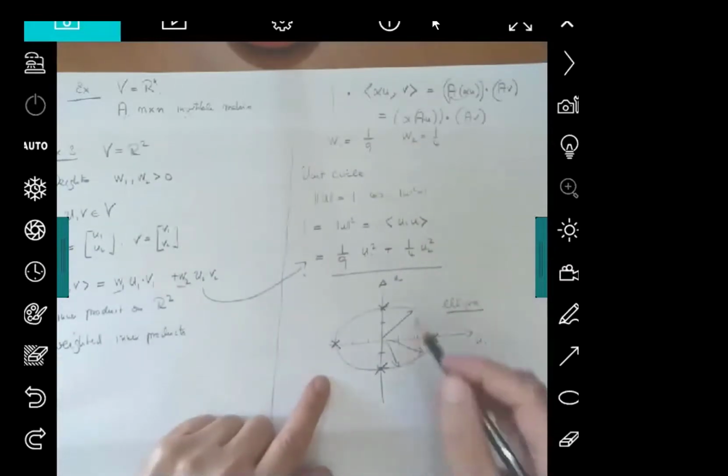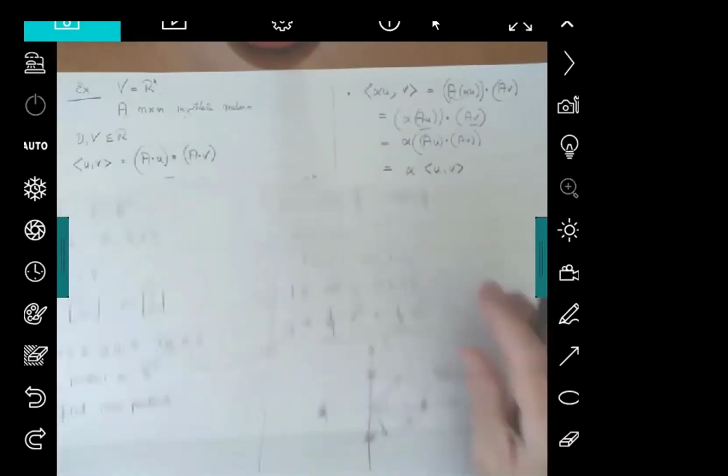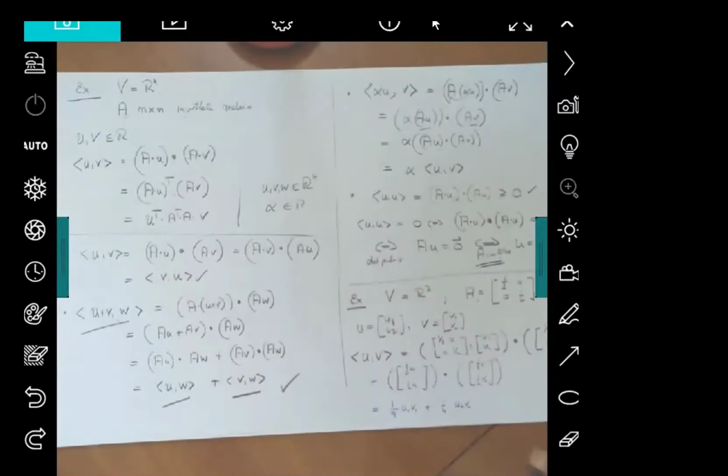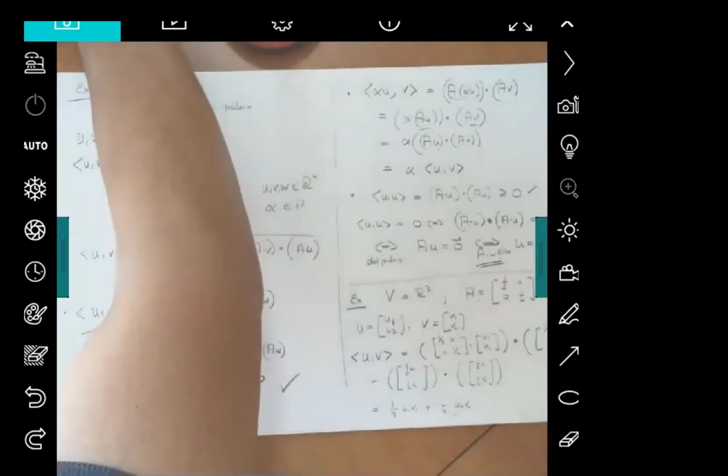Okay, so here we have the weighted inner product, and we see this matrix, which is an invertible matrix, will give us the same inner product. So it turns out that was a special case. With the help of matrices, you can generate more general inner products.